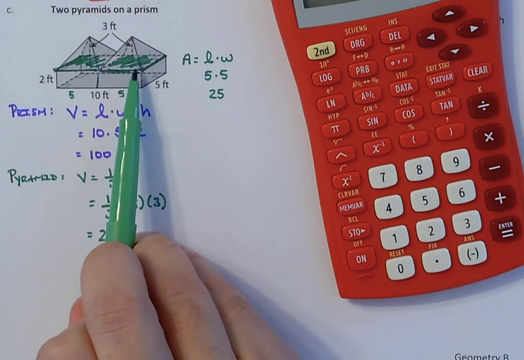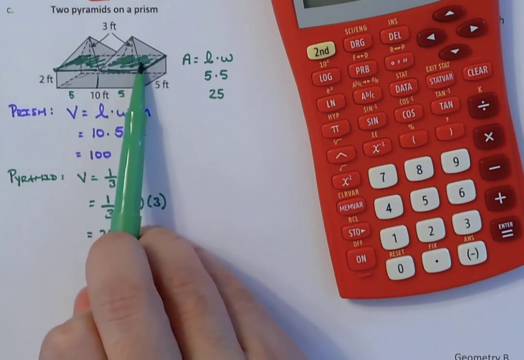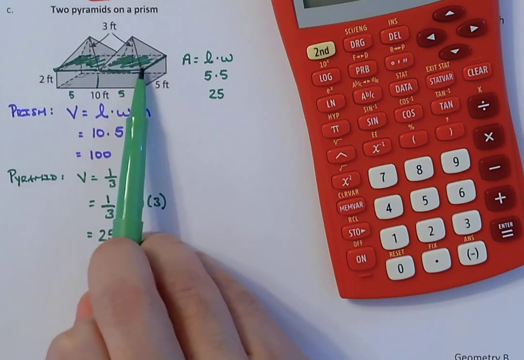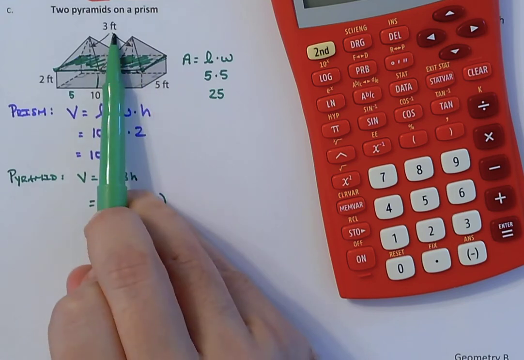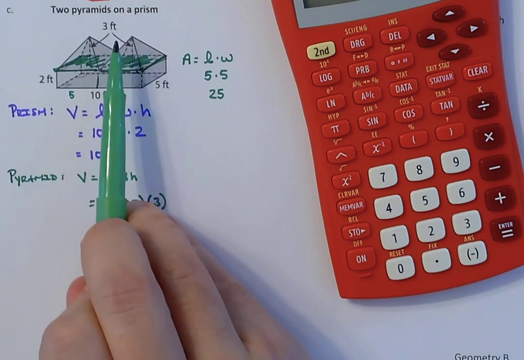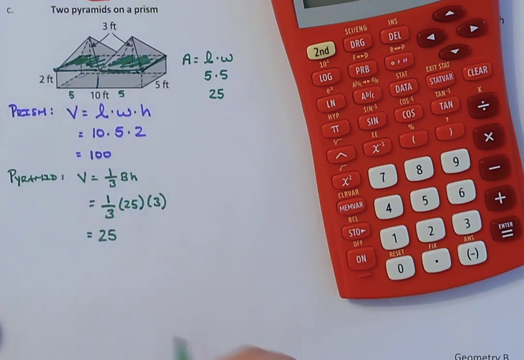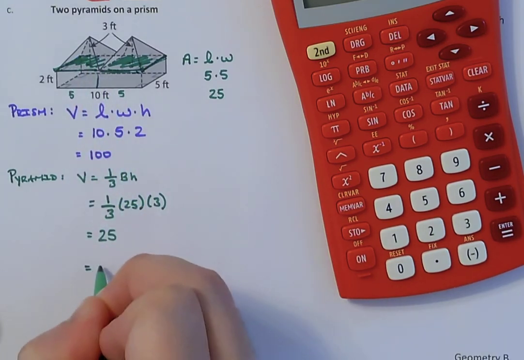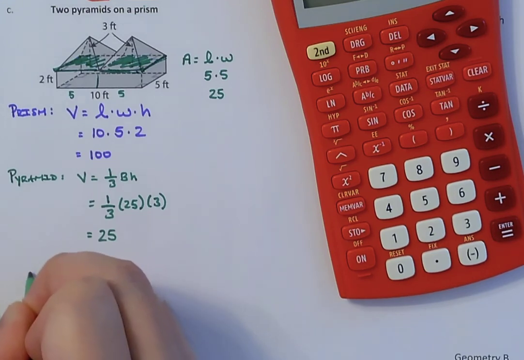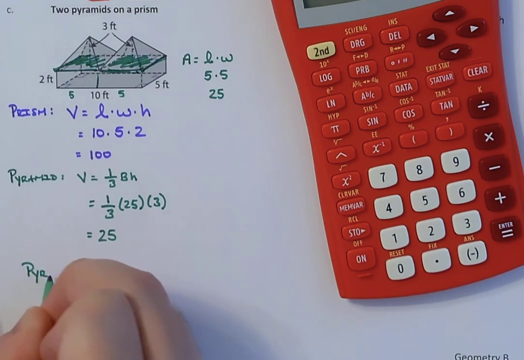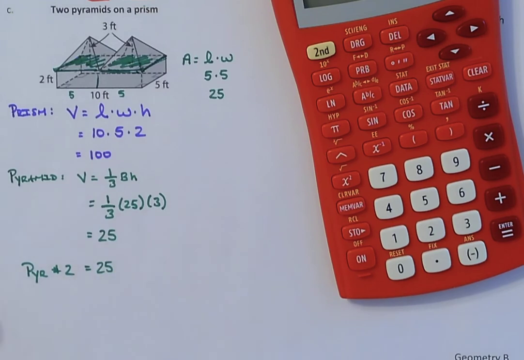Now, this pyramid has an area of the base of 25 because it's 5 times 5, and its height is also 3. So the volume of this pyramid is the same, which is 25. So pyramid number 2 is 25 units cubed as well.